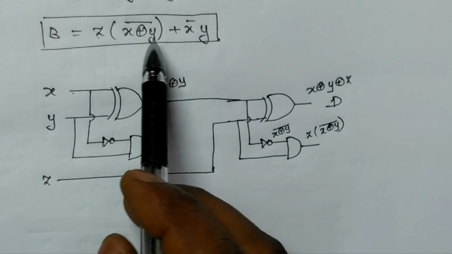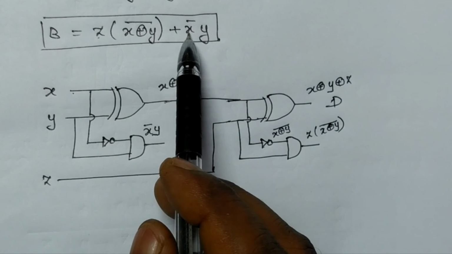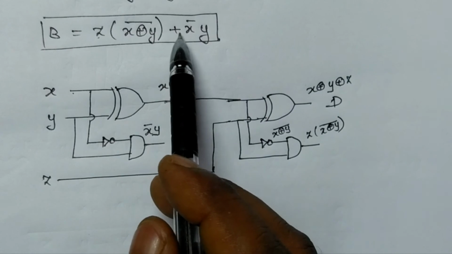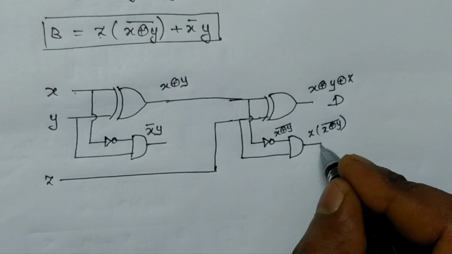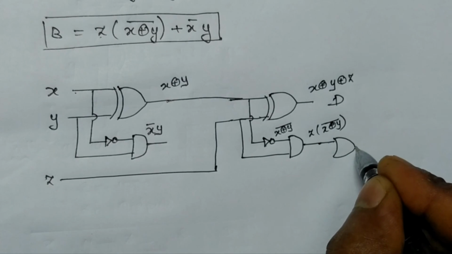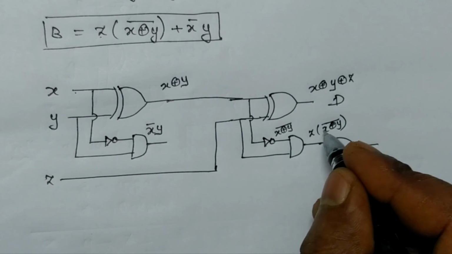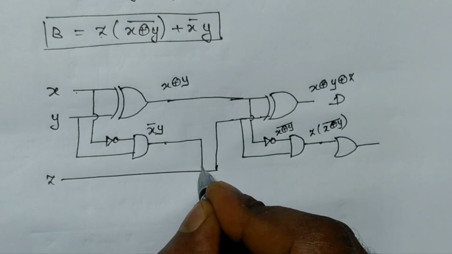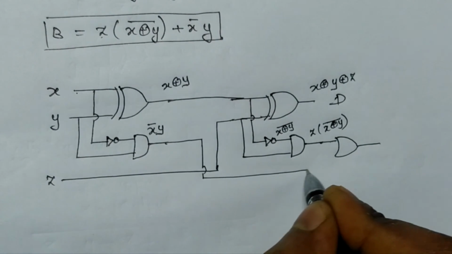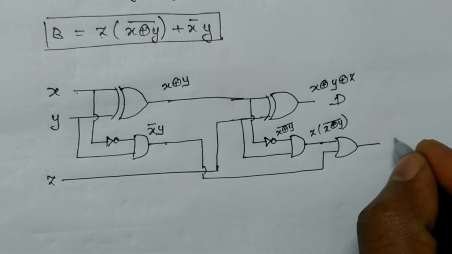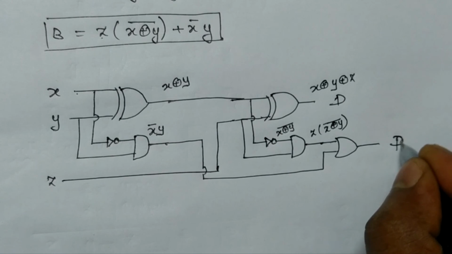So after that here I am having x bar y, so between these two values I am performing an OR operation. Therefore here I can go for an OR gate with one of the inputs z into x XOR y the whole bar and another input is x bar y, which is nothing but borrow b.